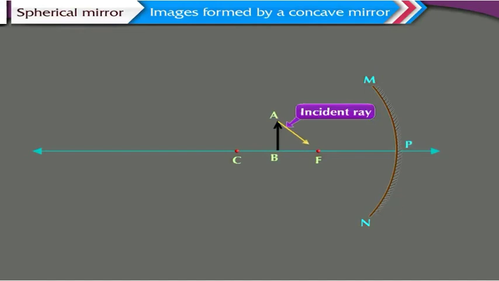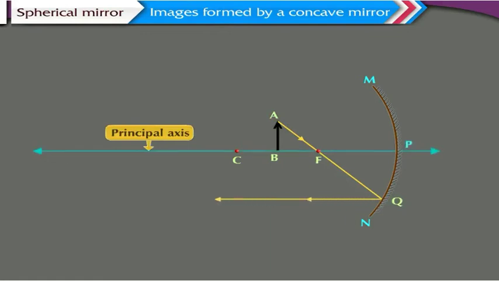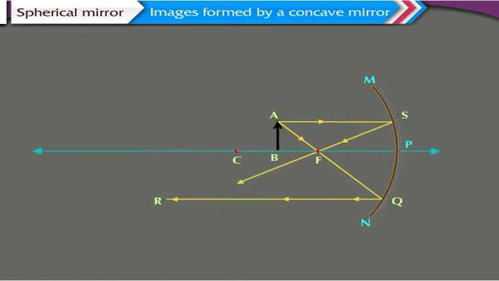The incident ray AQ is starting from A and passing through the focus F of the concave mirror. It becomes parallel to the principal axis after reflection and returns along QR. Another incident ray AS is parallel to the axis, which after reflection passes through the focus F and returns along the path ST.